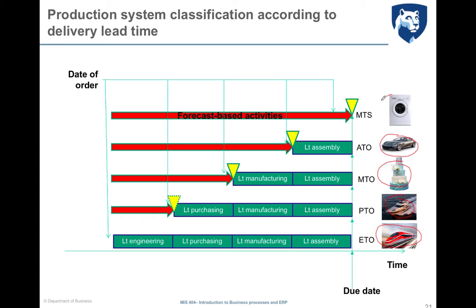Finally, the make-to-stock system is typical of the retail market. Here you see a washing machine, dishwasher, clothes, toys. So all the retail market usually sells products to the market using a production system which operates on a make-to-stock logic.